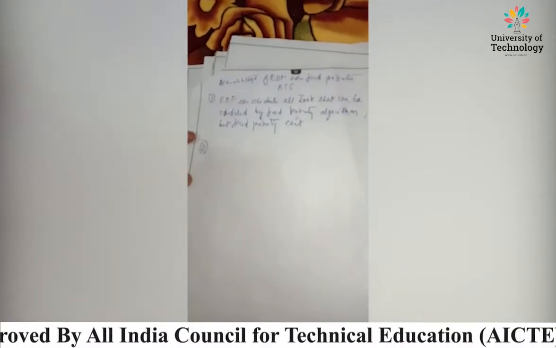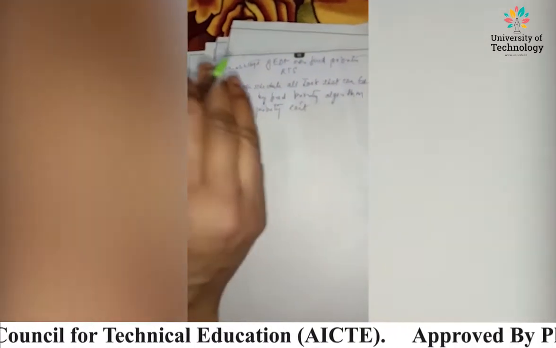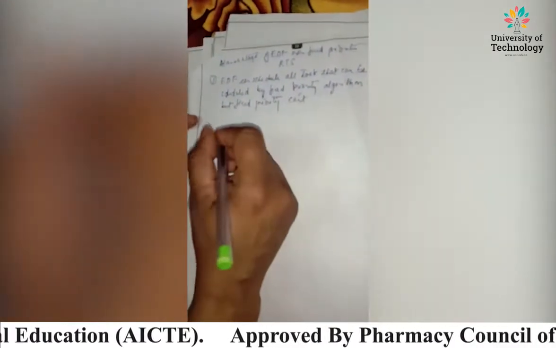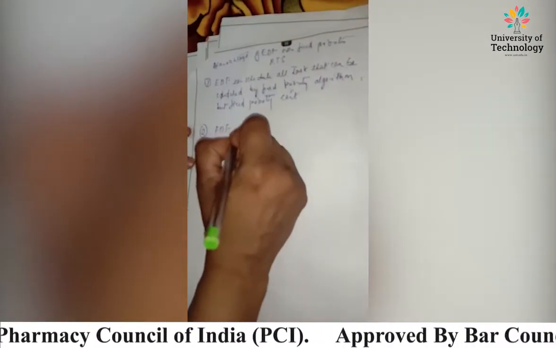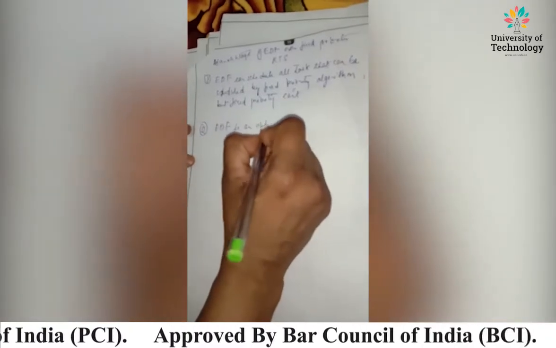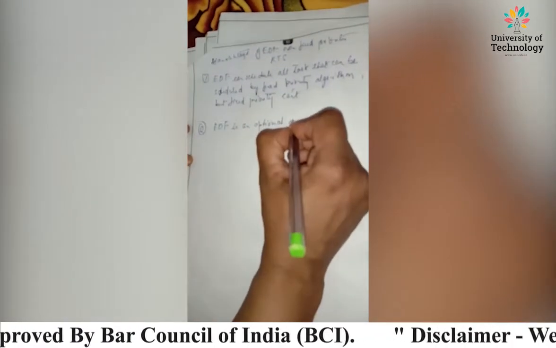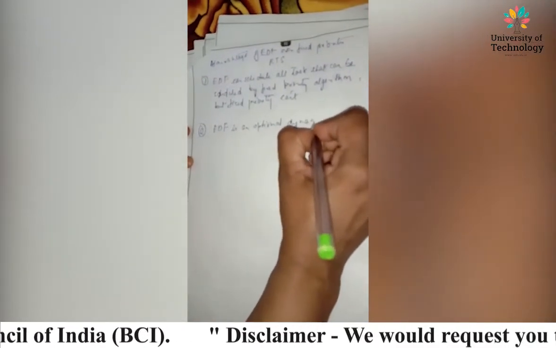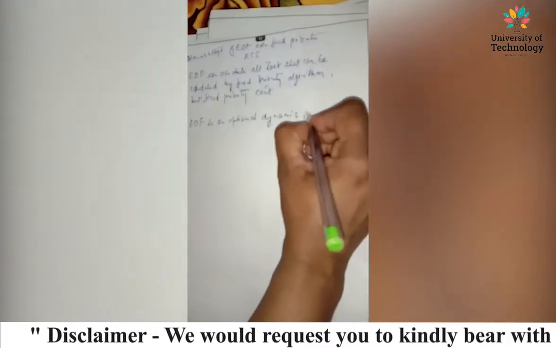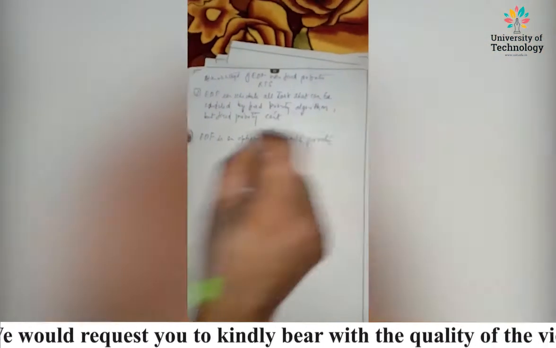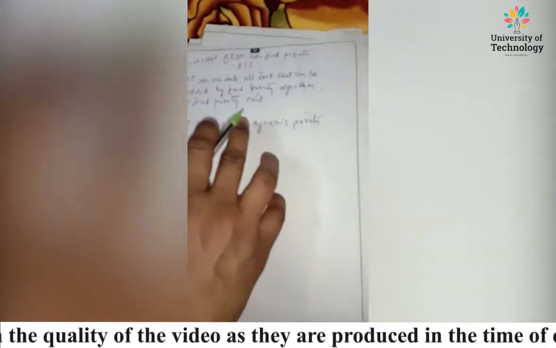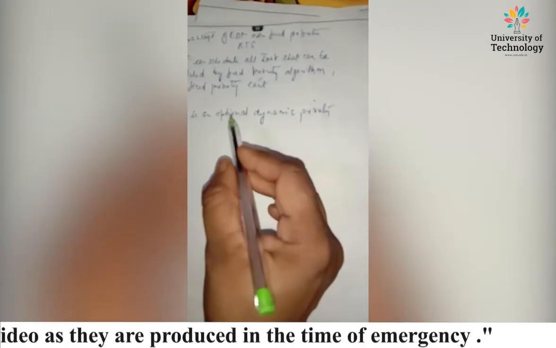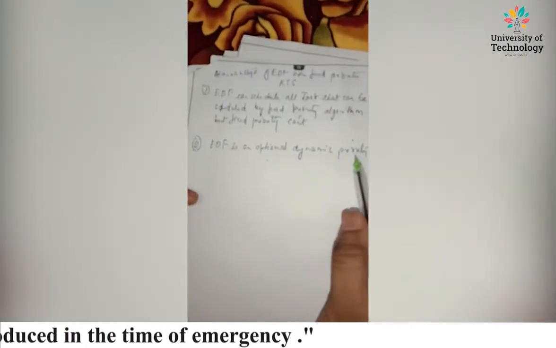Now let's see the second advantage of EDF over fixed priority. EDF is an optimal dynamic priority algorithm. What type of priority algorithm is it? EDF, the earliest deadline first algorithm, is an optimal dynamic priority algorithm.